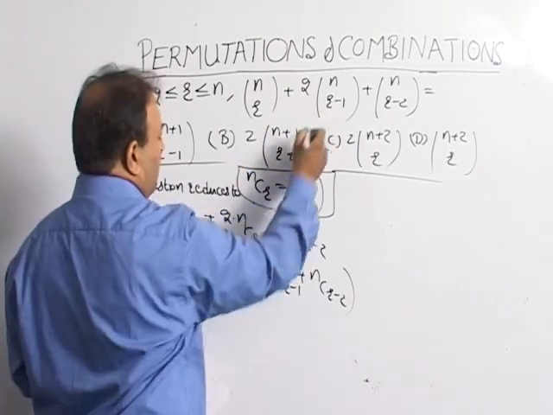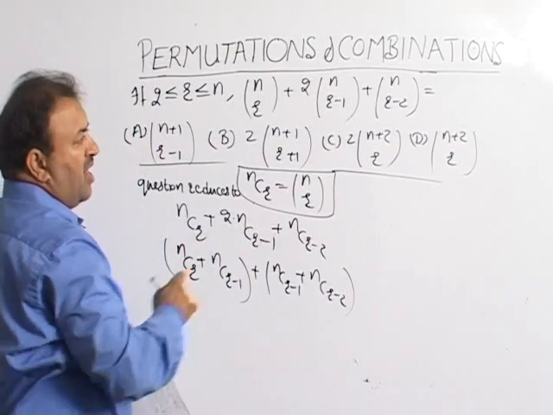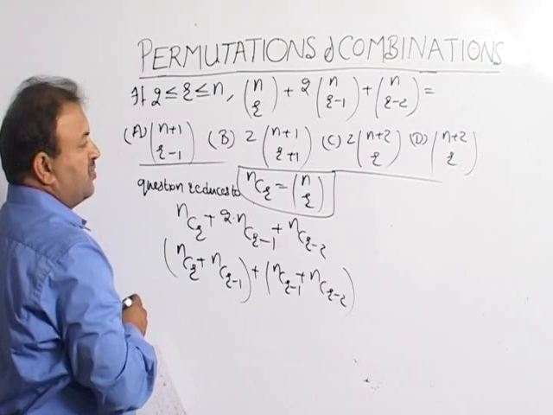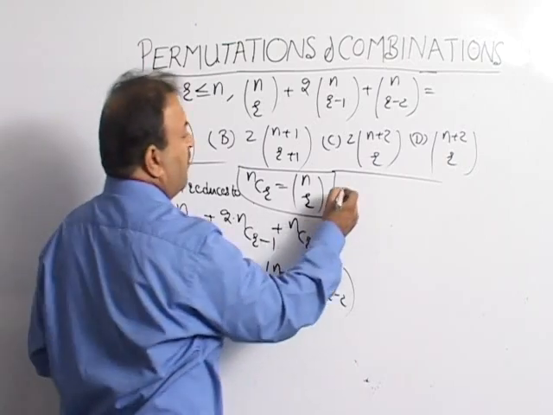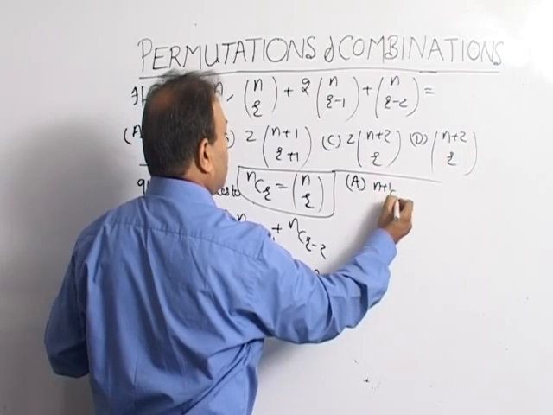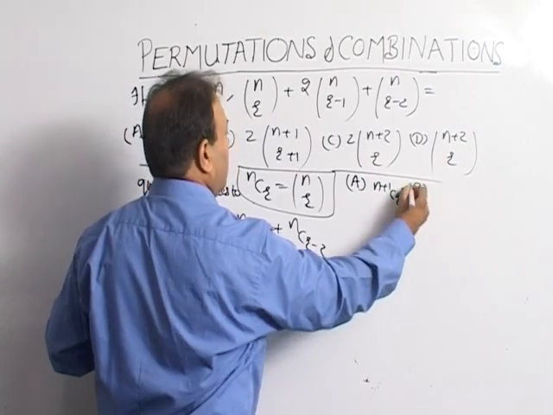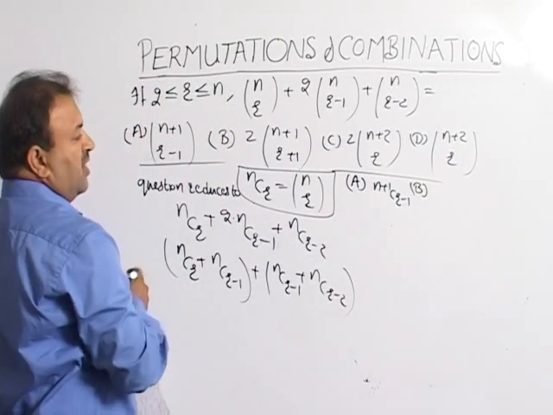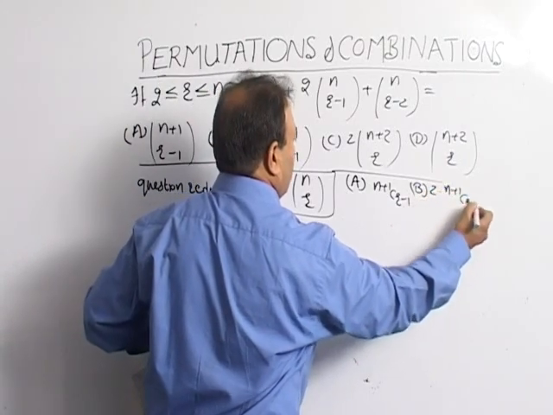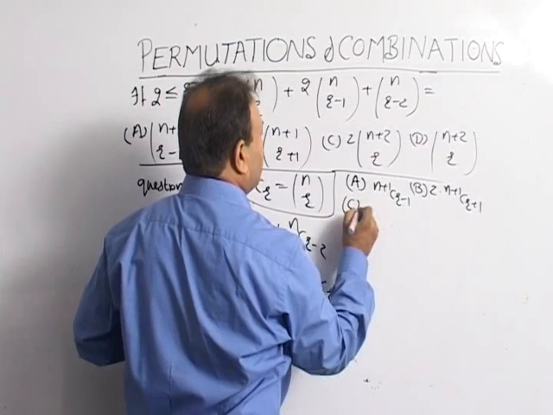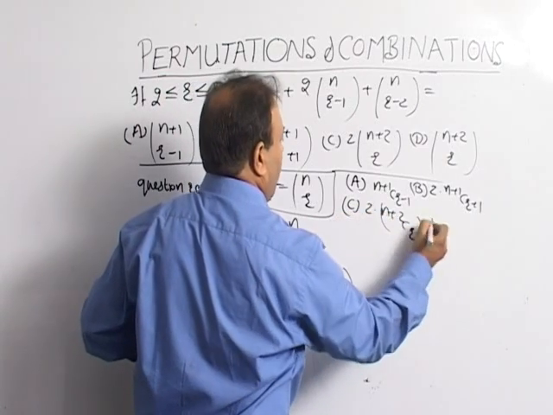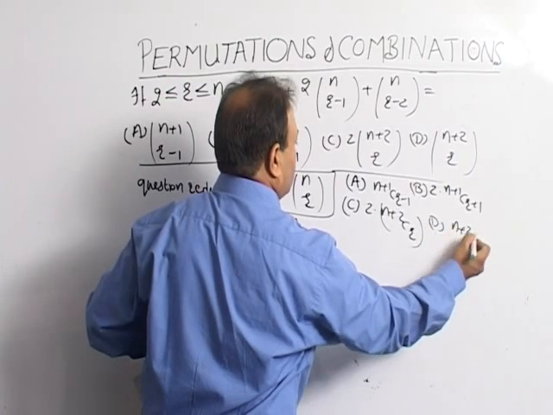So nr minus 1 means nCr minus 1 and nr minus 2 means nCr minus 2. In this way the 4 options will become: A option is n plus 1 CR minus 1. These are the modified options. B option we have 2 times n plus 1 CR plus 1. C option we have 2 times n plus 2 CR and D option is n plus 2 CR.